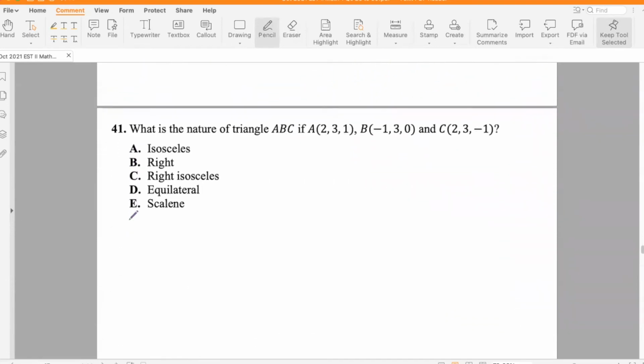What is the nature of triangle ABC if A is (2, 3, 1), B is (-1, 3, 0), and C is (2, 3, -1)? Okay, so let's find AB, BC, and CA. So AB will be 2 plus 1, 3 squared 9 plus 0 plus 1. So that's root 10.